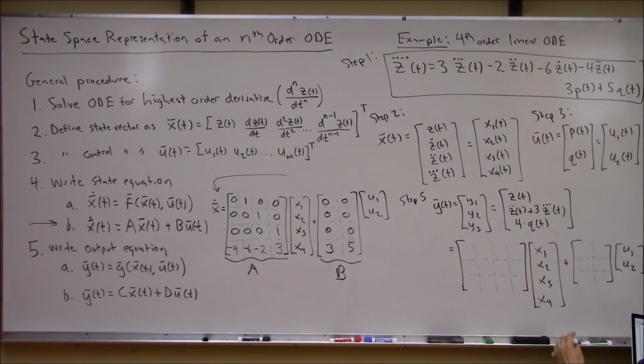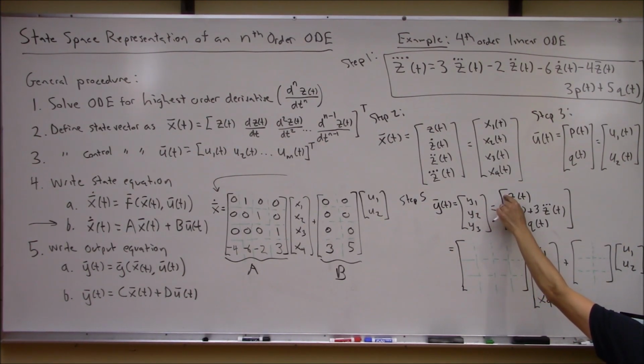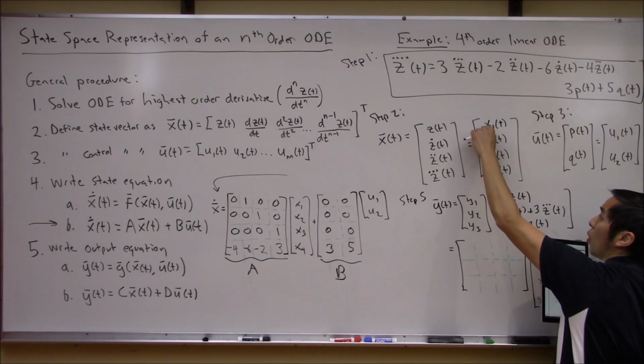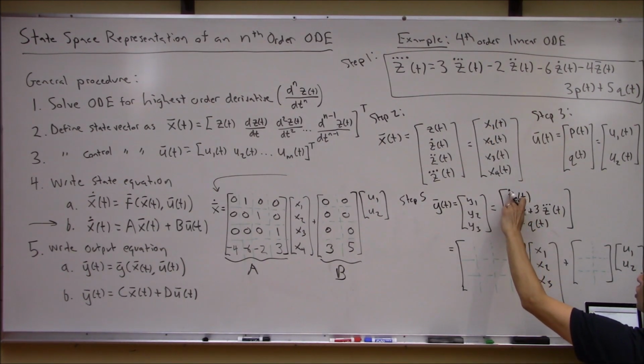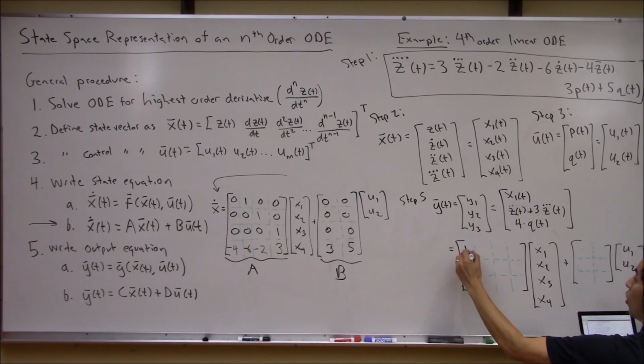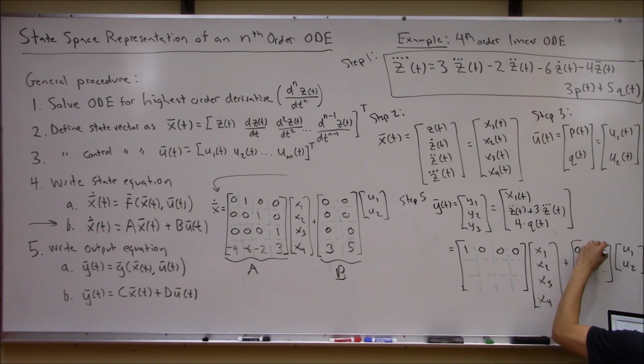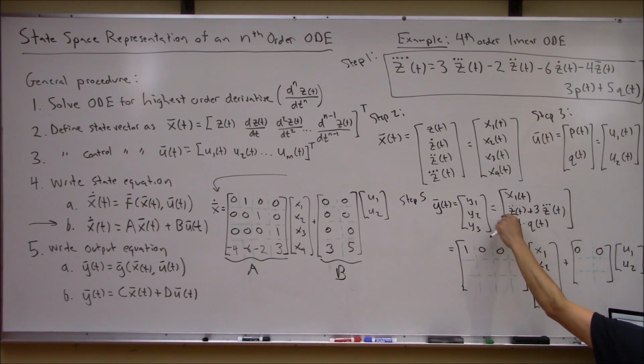So for this first row, the first output is just z. Well, z is just x1, so this row is 1, 0, 0, 0, 0, 0. Similarly, the second output is z double dot plus 3z triple dot.